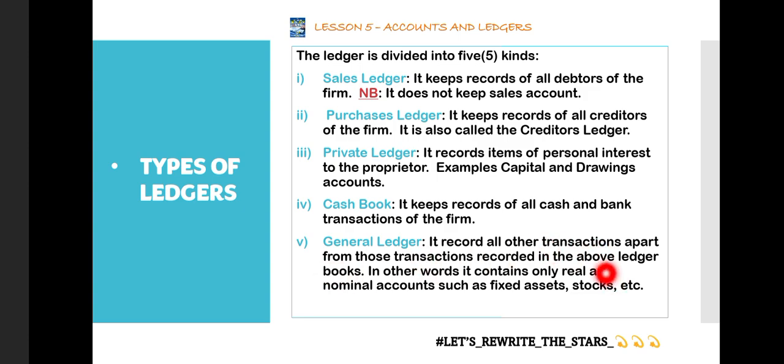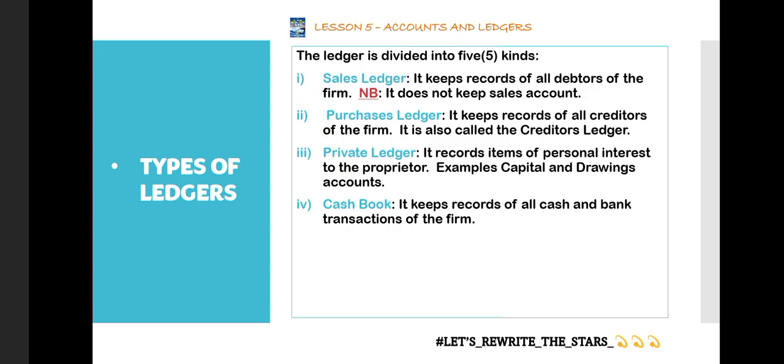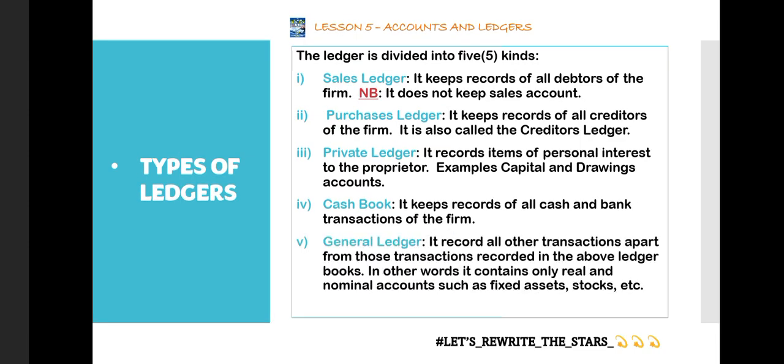Whatever account it is, stock account will come here. Wages account, whatever we would have which is not recorded in any of the four at the top, is going to appear in the general ledger. I hope the types of ledgers are made very clear.